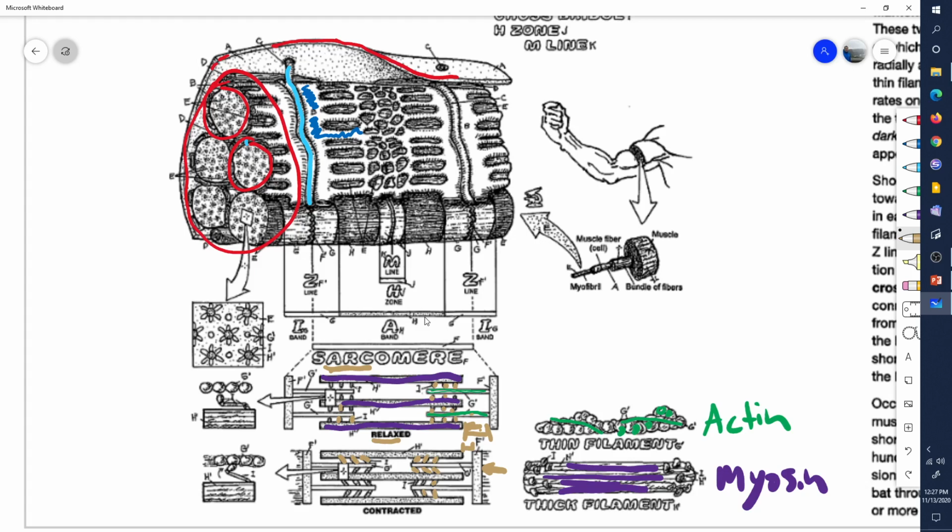These are the cross bridges right here, sitting on top of myosin. Here's an expanded view. Here's the myosin filament. We'll call it purple myosin. A thick filament of myosin. Here is the thin filament of actin.